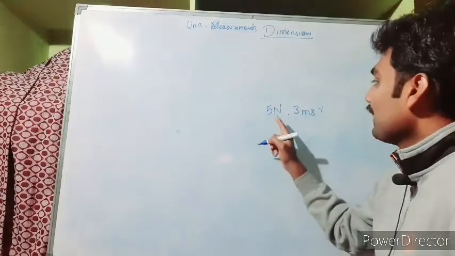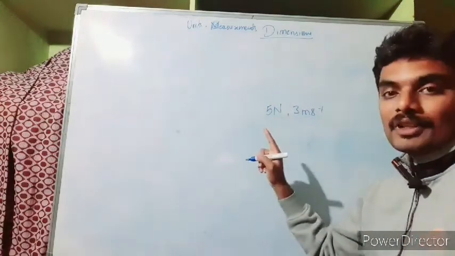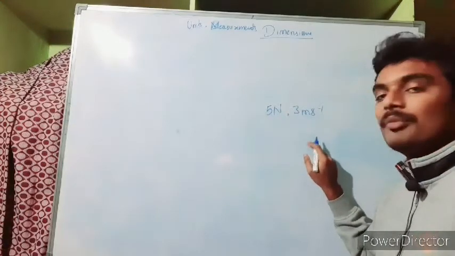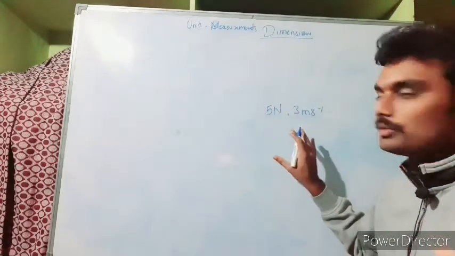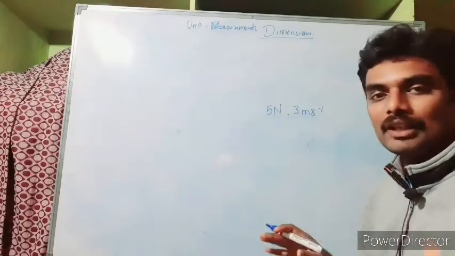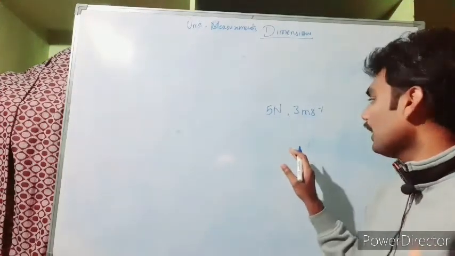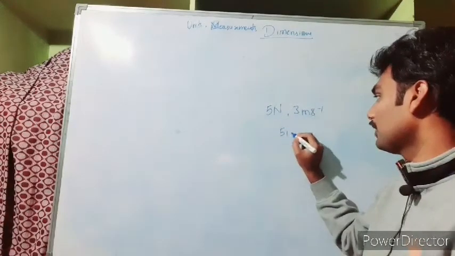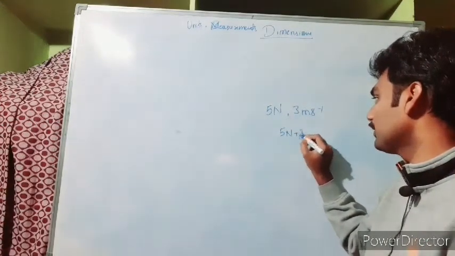See, I can never equate them. I can never write 5 Newton is equal to 5 meter per second like that. No, I cannot do that. Basically, they are different quantities. They cannot be equated. At the same time, I cannot add them. So I cannot do 5 Newton plus 3 meter per second.